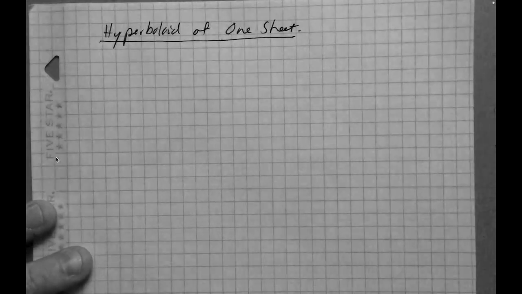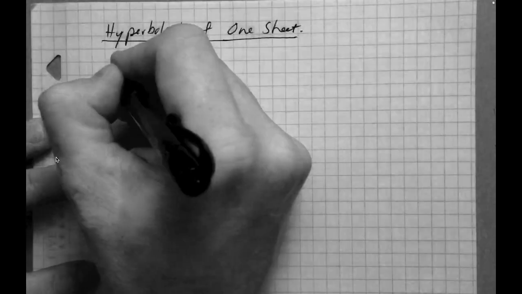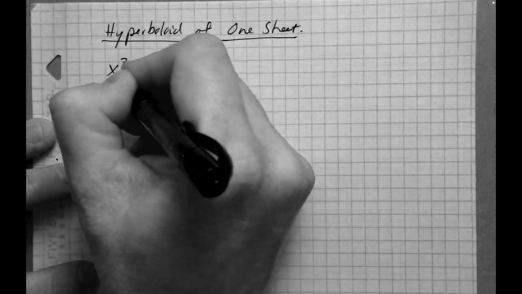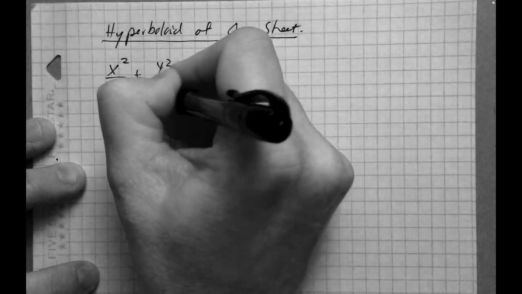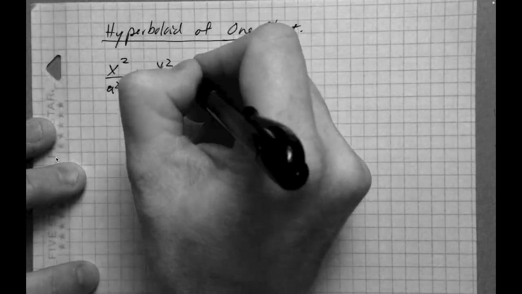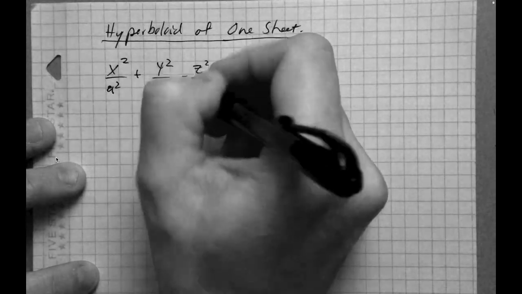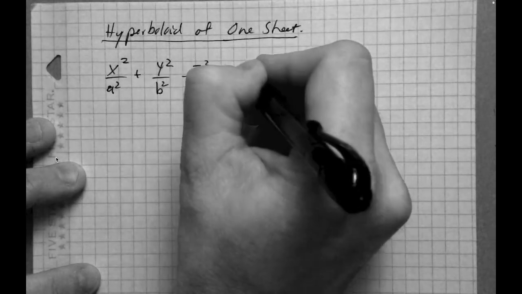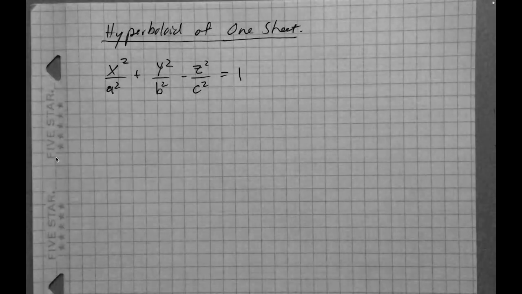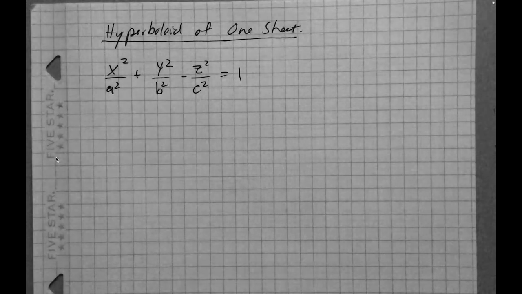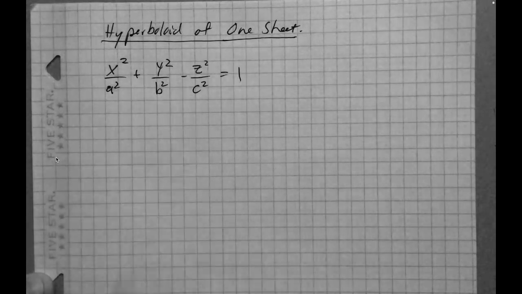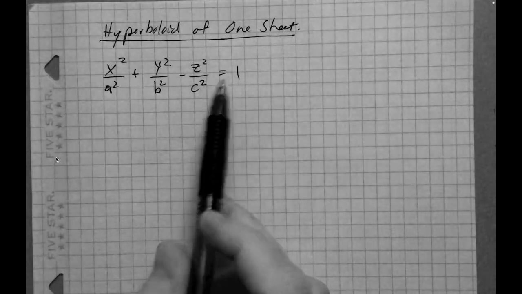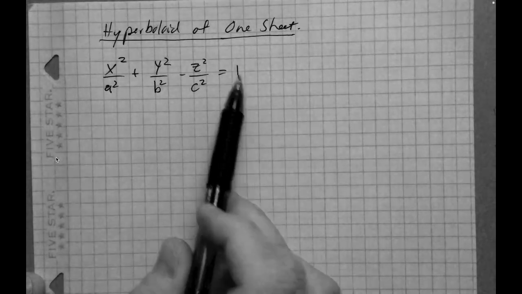The equation of this is going to be x squared over a squared plus y squared over b squared minus z squared over c squared equals 1. Now, real similar to the elliptic cone, the elliptic cone was basically exactly the same on this side, but on the other side it was set equal to 0. So here you've got the other side equals 1.